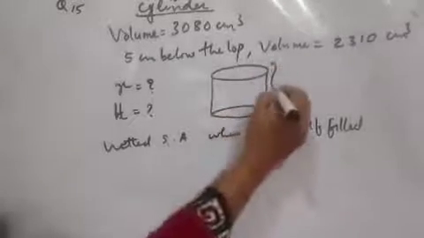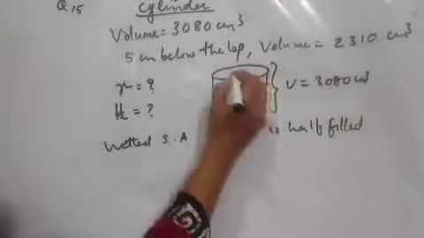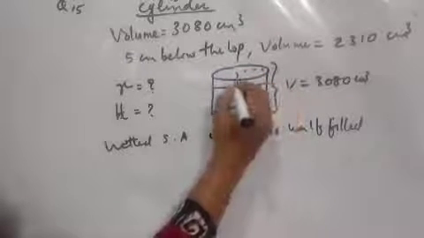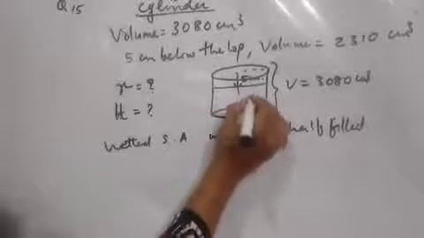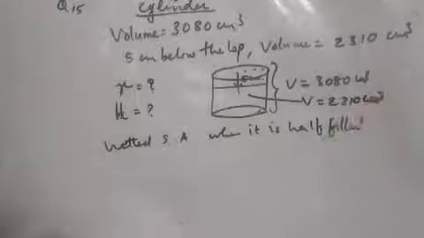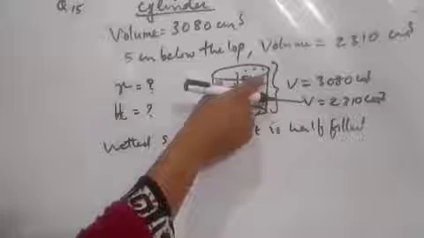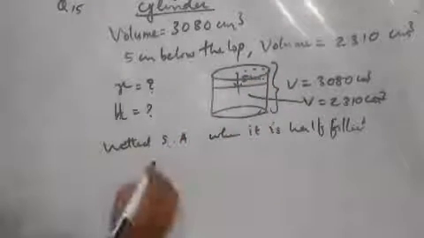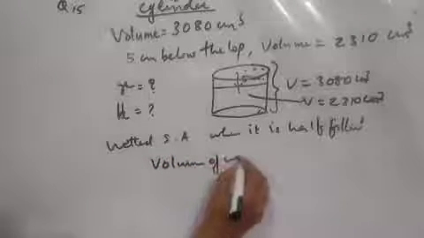Okay, and up to 5 centimeter below the top, the volume is 2310. So we can mark the volume of water below 5 centimeter as 2310. So can you say what is the volume of the water in that particular height of 5 centimeter from the top? Yes, that is the difference between the total volume and 2310.